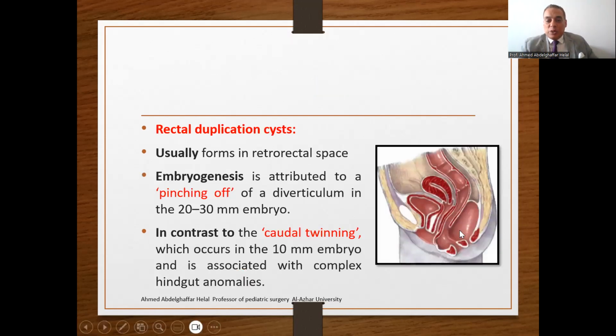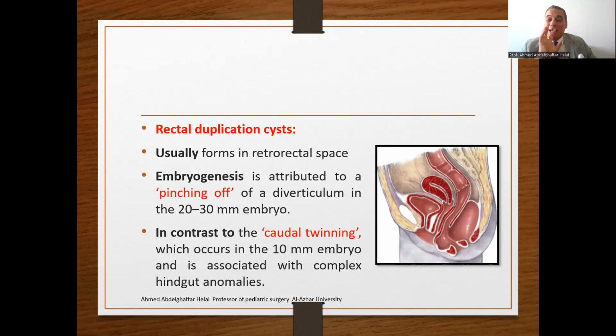As we see, this is the rectal duplication cyst. Rectal duplication cyst usually forms in the retrorectal space, behind the rectum. Embryogenesis is attributed to the formation of a diverticulum and pinching off, in contrast to the caudal twinning which occurs in the 10 millimeter embryo, associated with complex hindgut anomalies.